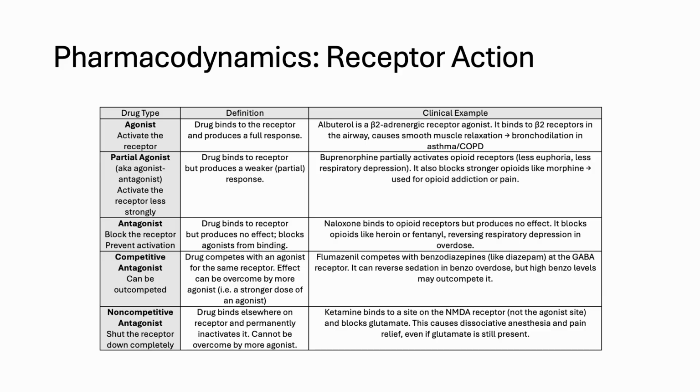So if you gave someone a medication that blocked epinephrine, it doesn't let epinephrine bind, an epinephrine antagonist, you would end up with the same result as blocking epinephrine. So the drug binds to the receptor, but it causes no effect. It just stops anything else from binding to it.